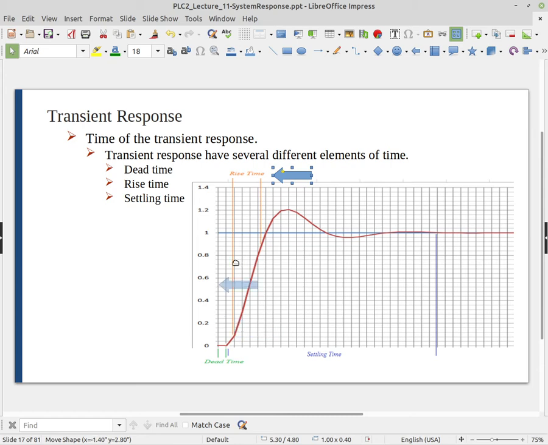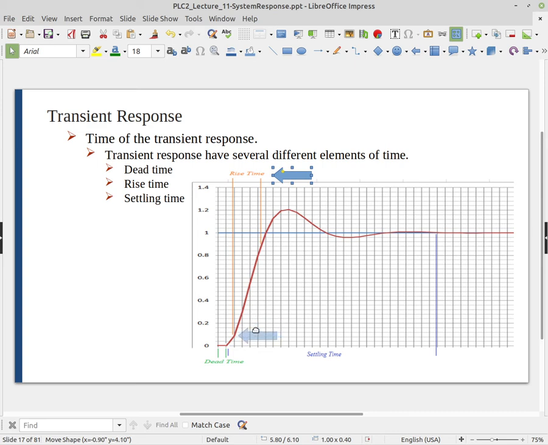So you see it's going to 1, so this line here is 20%, 0.2, and we're looking at 0.1. That is where the process variable crosses 10% of its final value. Now, it may not be the set point, but it's the final value.